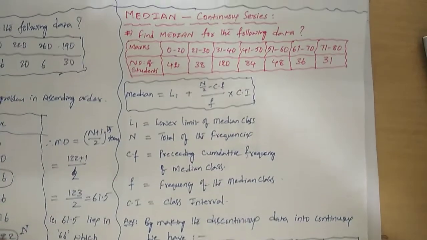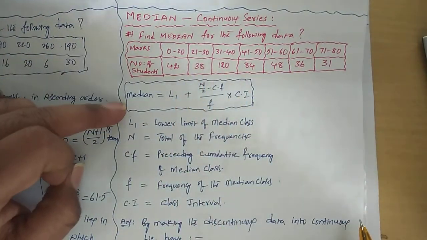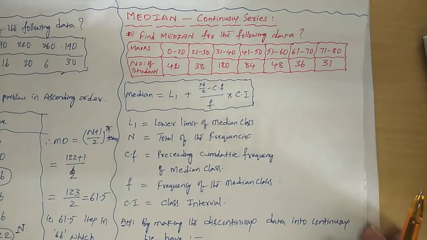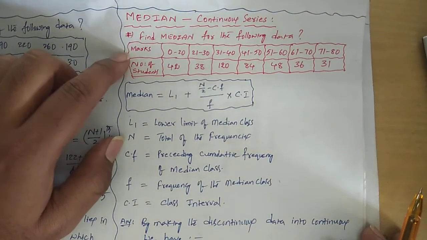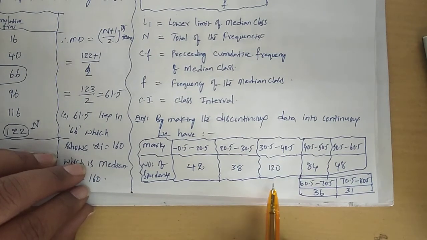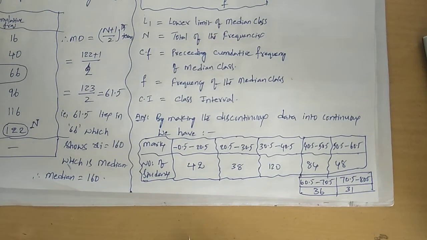If you go without making this data continuous, directly applying this formula, you will get the wrong answer. So what is the basic thing I did here? First of all, I made the discontinuous data into continuous. Now this is the continuous data, and you can apply the formula directly and get the answer. We will go for doing the problem now.